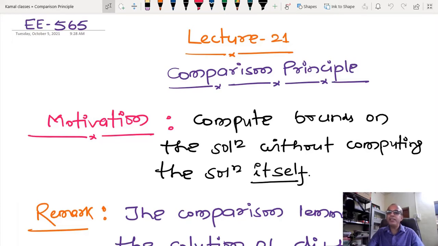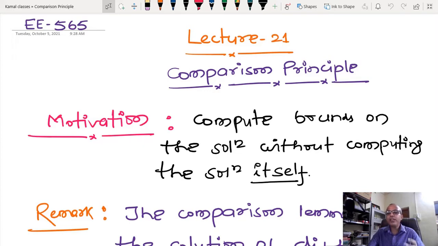Similarly, whenever I have a physical system, we define energy, which is a scalar quantity, and based on energy it is possible to show that I can not only talk about stability but also find the bound of the solution.